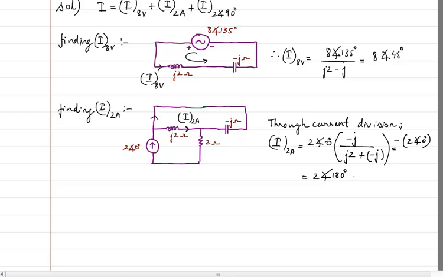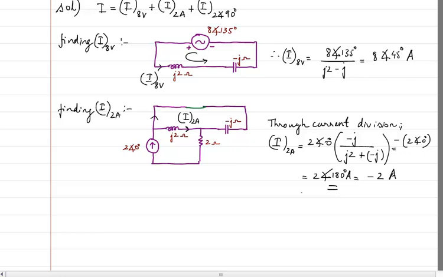Or you can even write it as minus 2 amps, without any angle. Whichever be the case, you can write this one or this one. What I would prefer in the case of AC is that you always write it like this, because the magnitude will never have any negative direction.